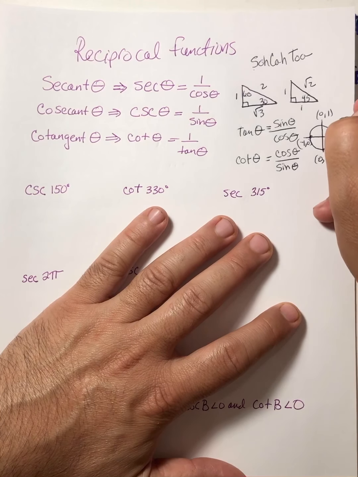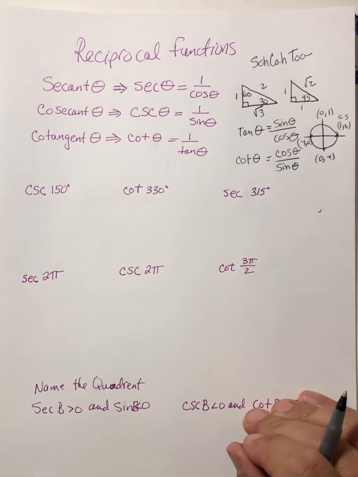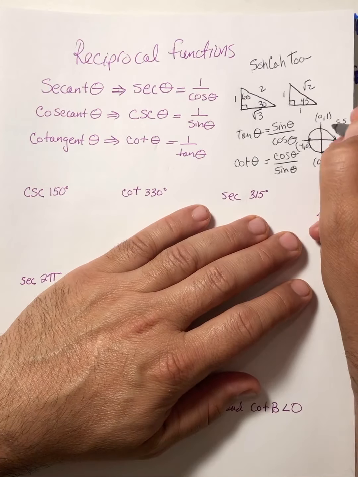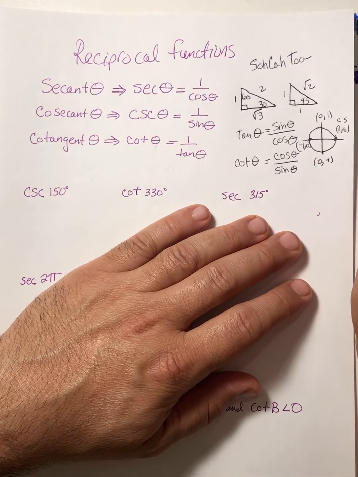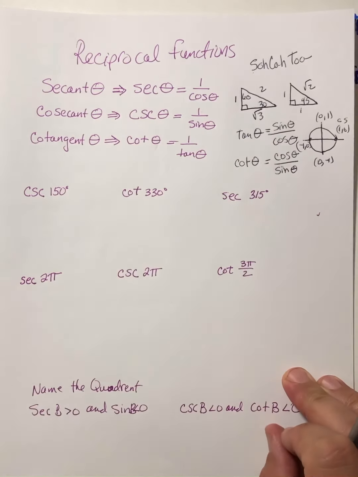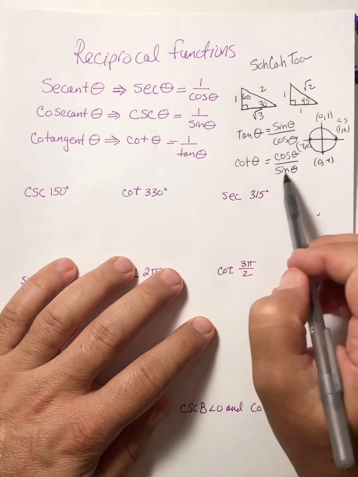Remember, cosine, then the sine. The unit circle is for the quadrantal angles, and then we have our specials, our 30, 60, and the 45 for our exact values. So this is old stuff right here. This is new.